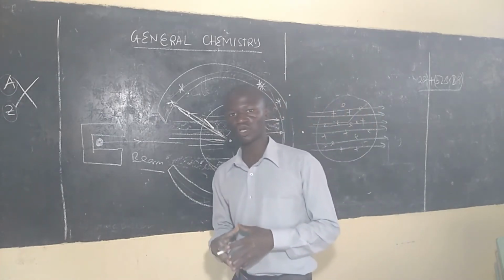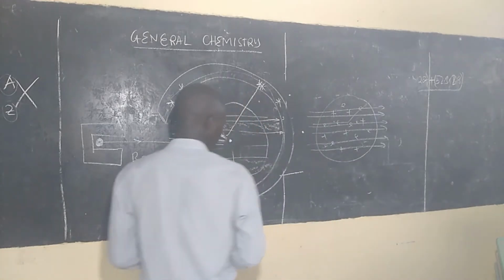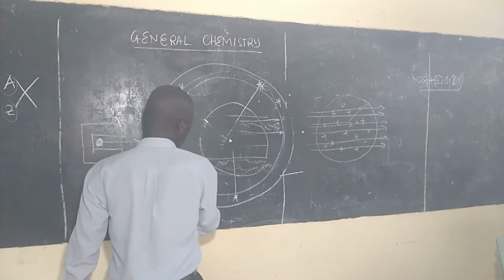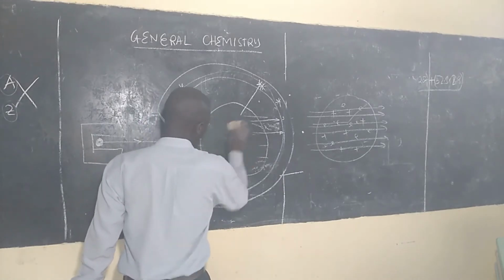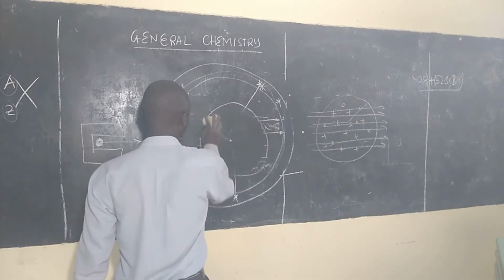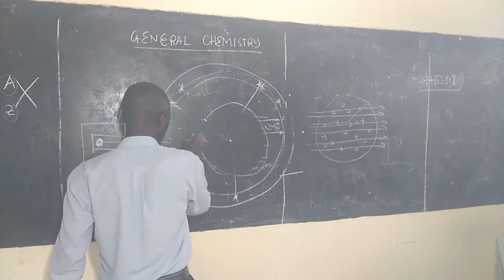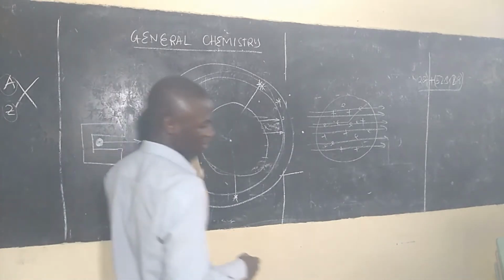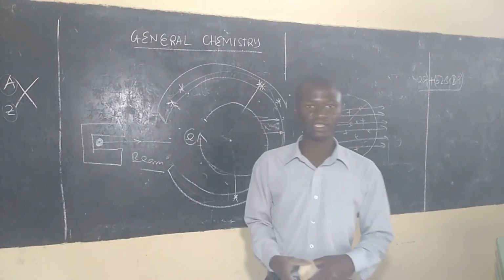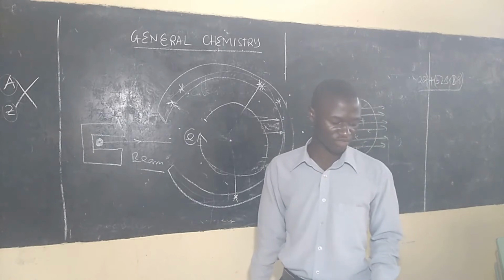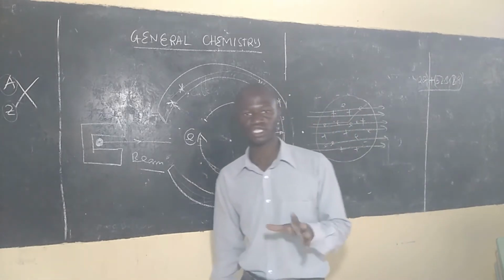So according to Rutherford alisema kwamba atom pia ina electron ambazo zina revolve around the nucleus. Alisema zina revolve around the nucleus according to Rutherford. Akasema we have electrons revolving around the nucleus in orbit. And then the third idea of Rutherford, he said most of the space in an atom between the nucleus and the revolving electrons is empty.